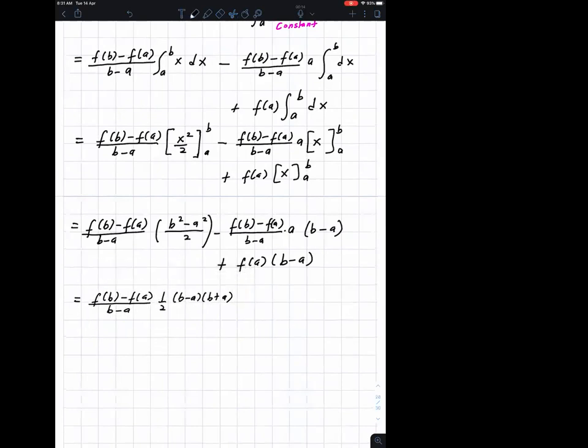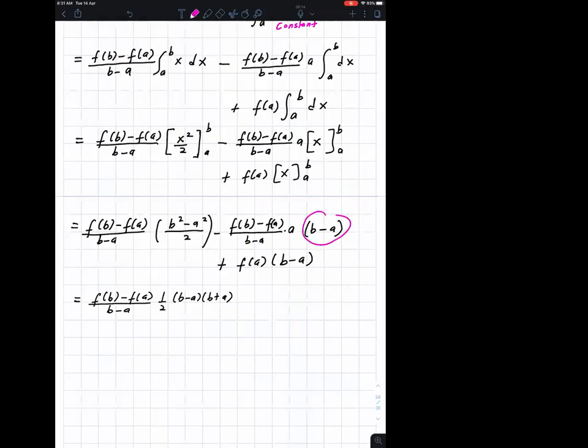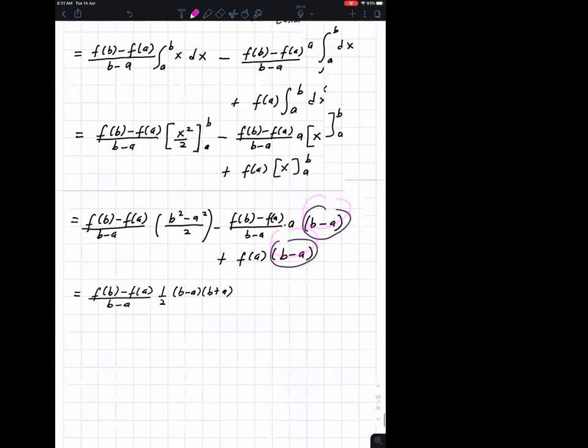The second term. And next, what we're going to do, we're going to try to combine the B minus A. So the common factor here is B minus A, B minus A. We're going to factor that out.